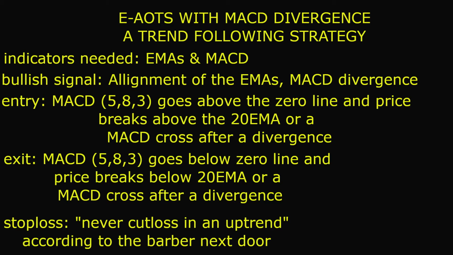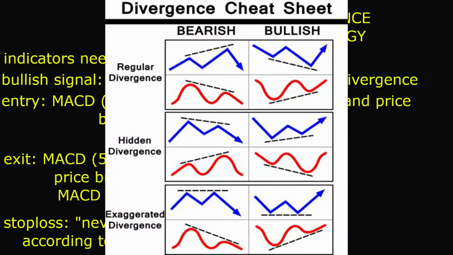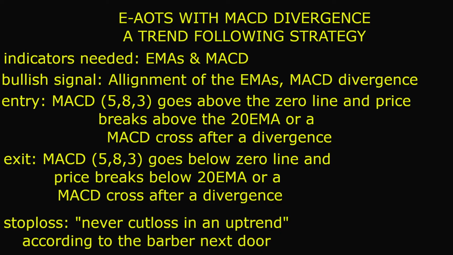So ang E-Aots trend following strategy, this is a combination with MACD divergence. It is a trend following strategy. So the indicators that we need are the EMAs and MACD. As for our bullish signal, we want our alignment of our EMAs and we also want to see a bullish divergence on our MACD.